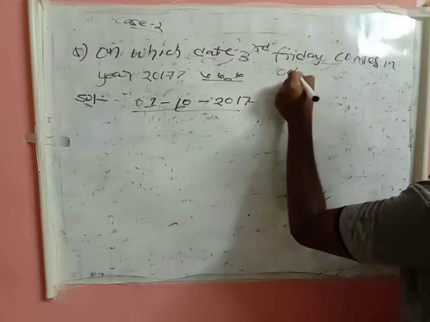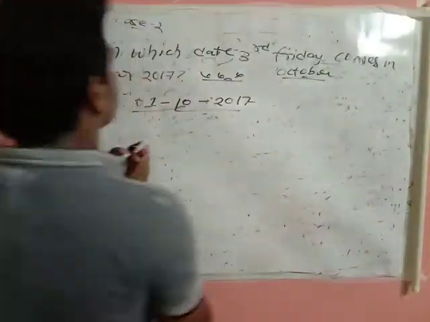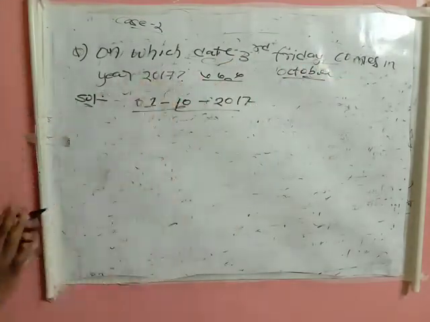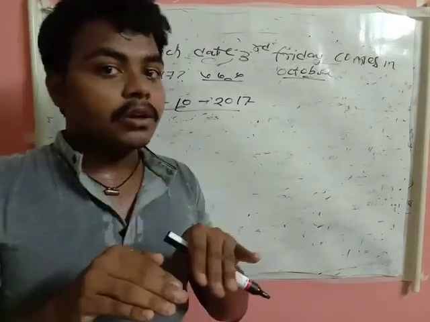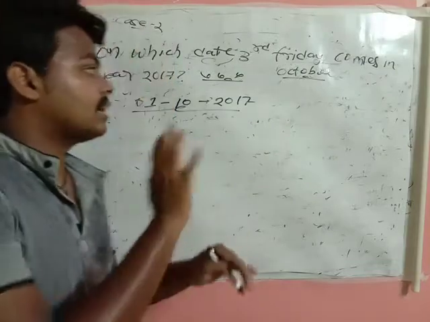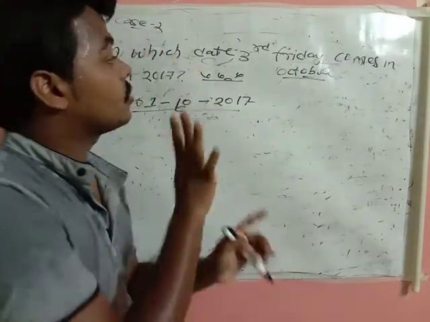This is the month of October, friends. Initially I wrote this question wrong. So on which date does the third Friday come in the month of October in the year 2017? That is the question. You are okay with the question, right?